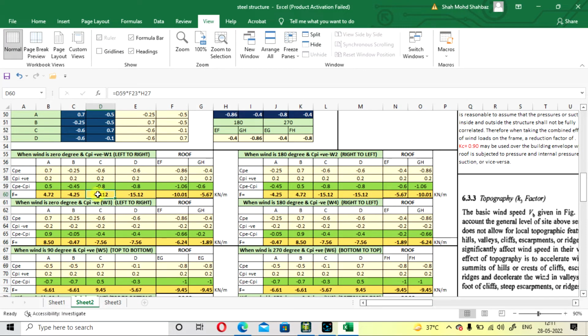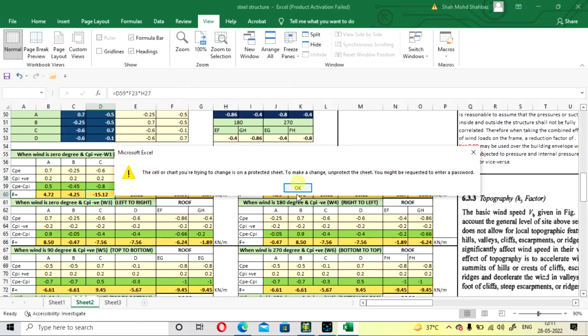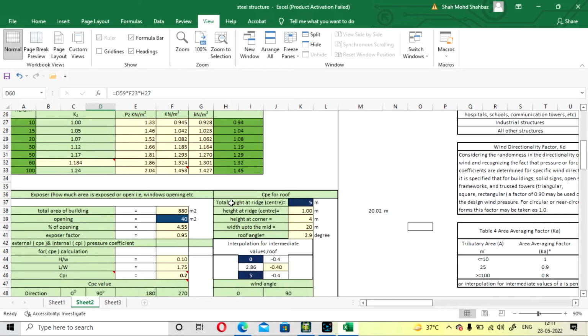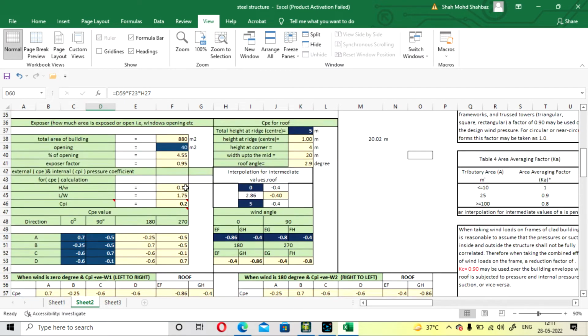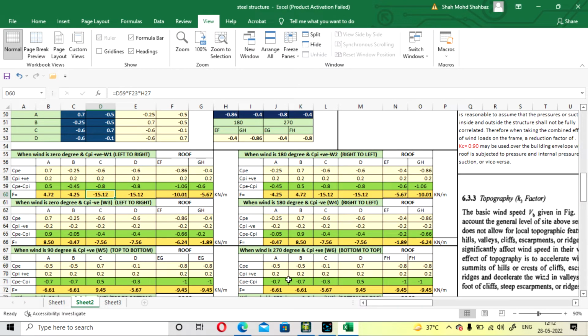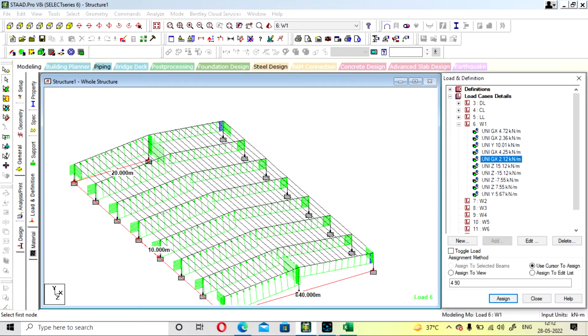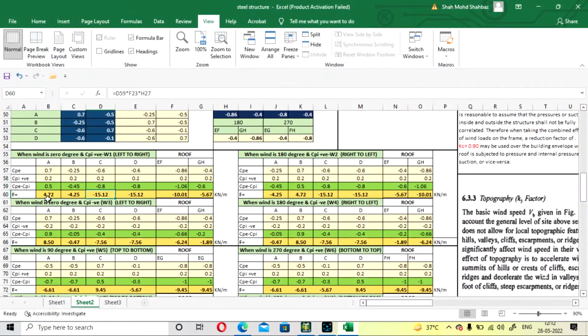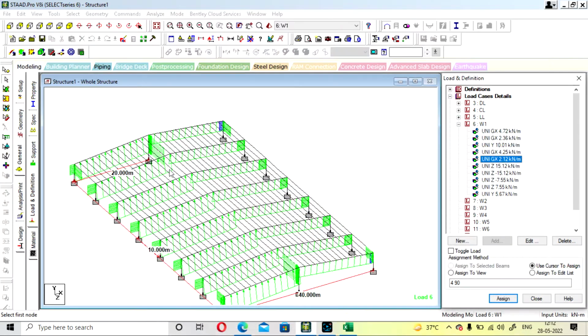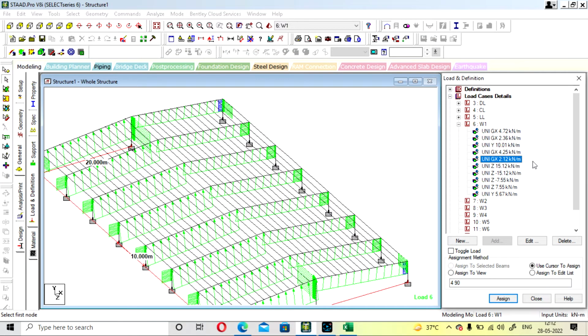And for C and D, your A will be changed because your column distance is different, that is 20 meter. So the value will be coming more. So at the mid column, you have to apply 15.2. C will be this, and if it is negative, it is applied away from the structure, that is outside the structure, so it is applied there.